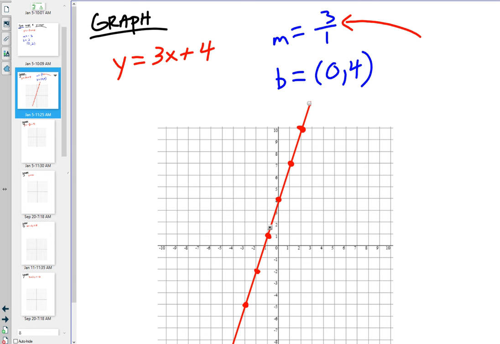So for instance, I didn't know this before, but now through using slope, I know that -3 and -5 are part of this line. You would agree? You have it in front of you on your paper. Let's see what happens when I put in a -3 for x. What is 3 times -3? -9. Plus 4?